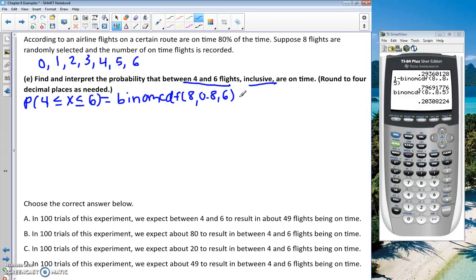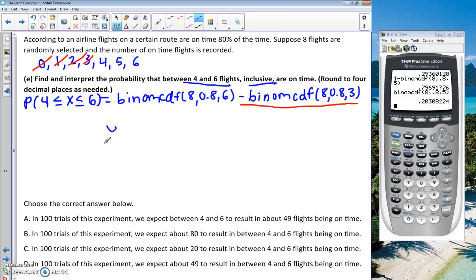So I can subtract something out so that I'm only left with the probabilities that represent 4, 5, and 6. I would need to subtract out binomial CDF up to 3. That would subtract out those.